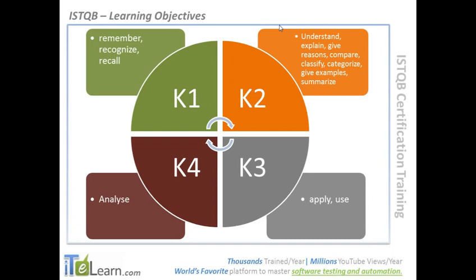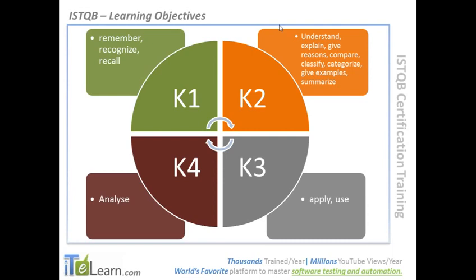We also have K3 and K4, wherein K3 stands for applying and using your knowledge in a particular scenario, whereas in K4 you analyze the complete situation and answer the given question. So there are 4 broad categories of types of questions, or I would call it the levels of learning objectives which we need to meet at the end of the course. So please don't get baffled by K1, K2, K3, K4.